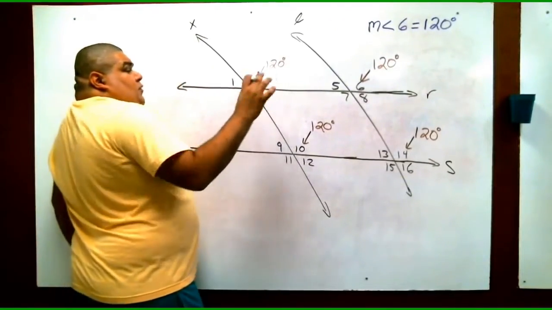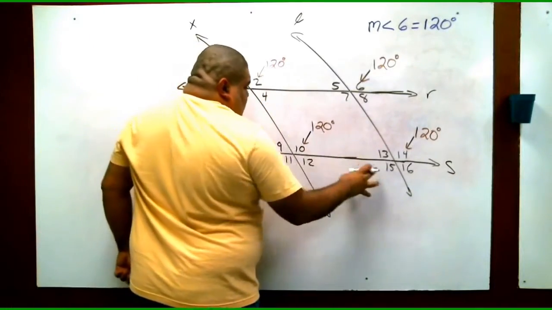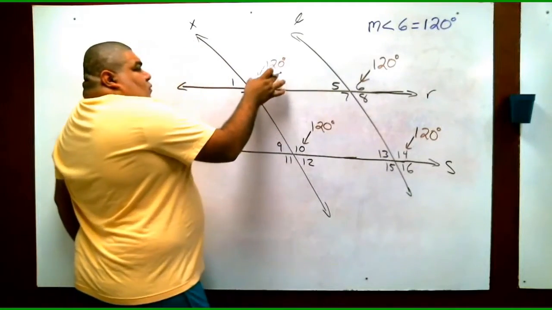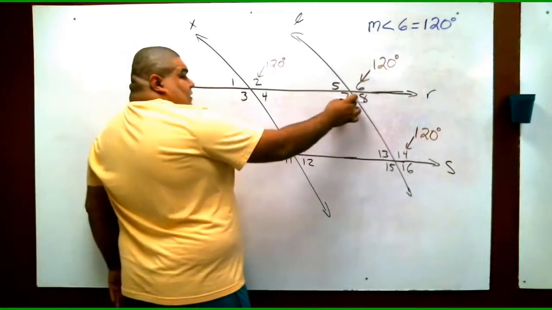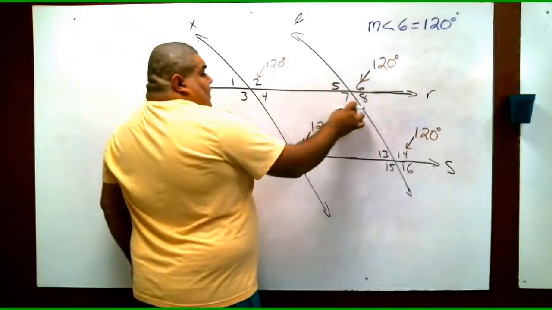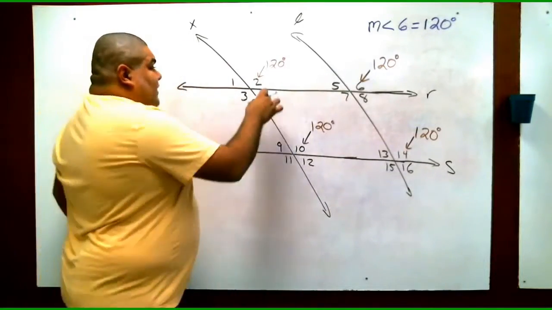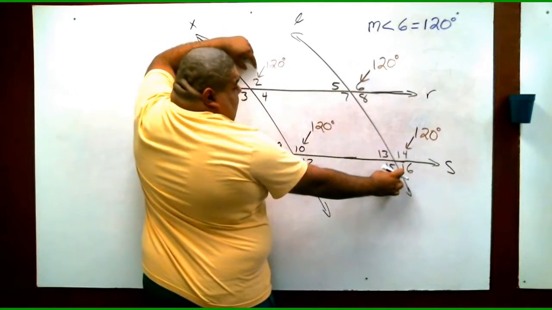So, if we look at alternate interior, we're going to focus on all the inside. What's alternate exterior to 2? We can say 7 is alternate interior from the line. We can even say 2 and 15 because they're opposites on the outside.